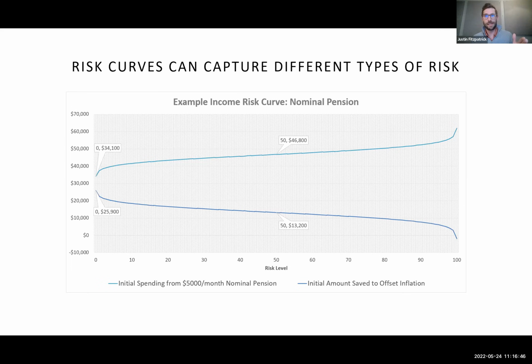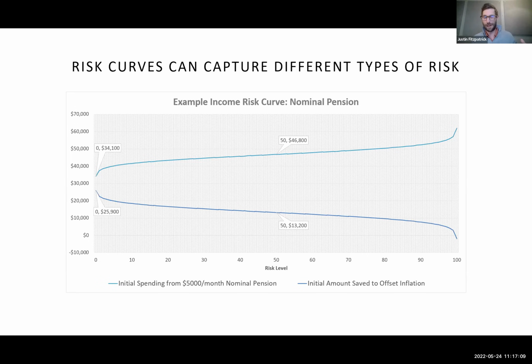And we can see that, on the extreme, if we were trying to keep inflation risk to zero, so within this model, you're basically looking at the worst possible inflation sequence in the analysis, they would spend only $34,100 from $60,000 in income initially.